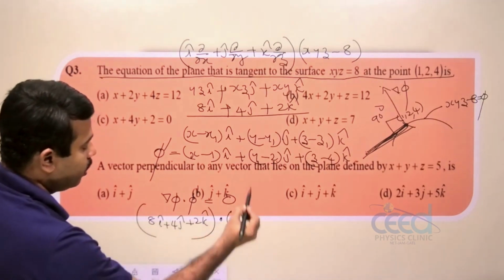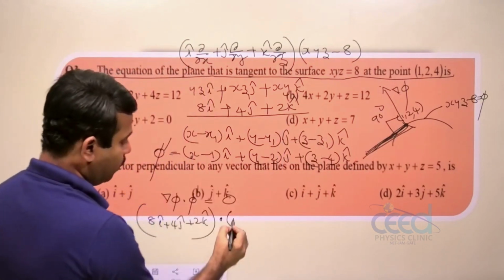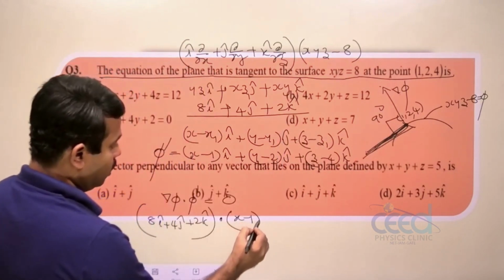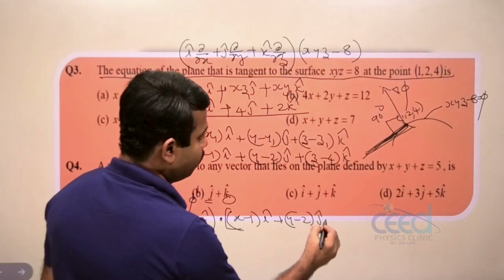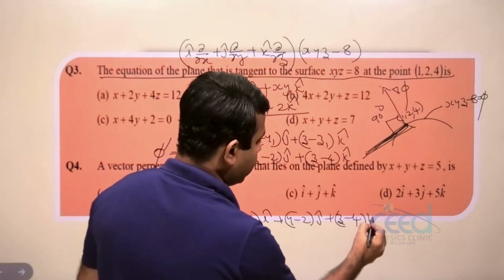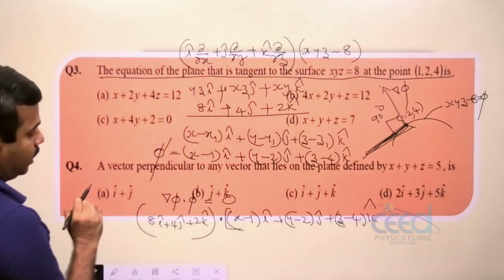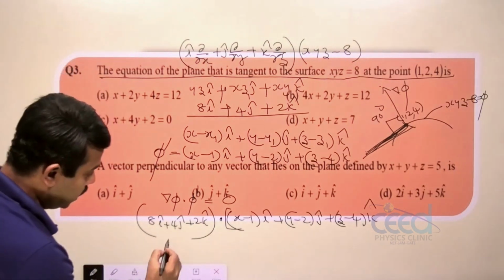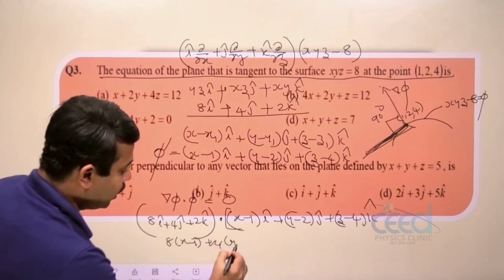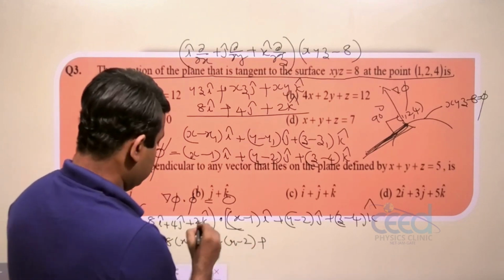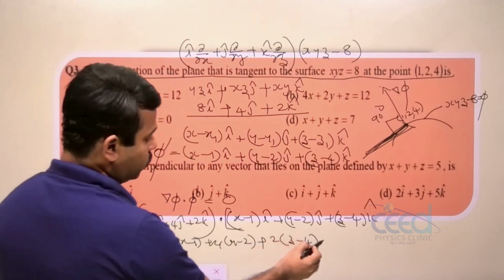This is dotted with the equation of the plane that we already got: x minus 1 i cap plus y minus 2 j cap plus z minus 4 k cap. Now simplify: 8 into x minus 1 plus 4 into y minus 2 plus 2 into z minus 4 should be equal to 0.